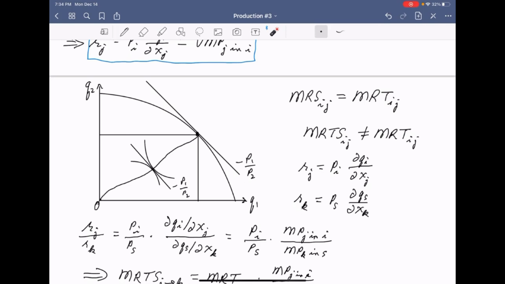This diagram here is a bit more complicated. What we have here is two outputs, and we have a production possibility frontier. We have this condition here that the production possibility frontier is tangent to this price ratio.